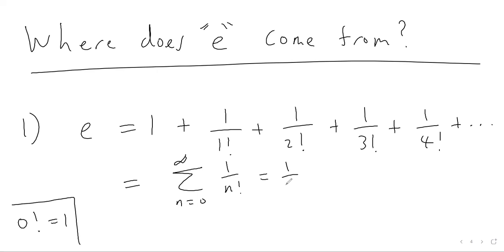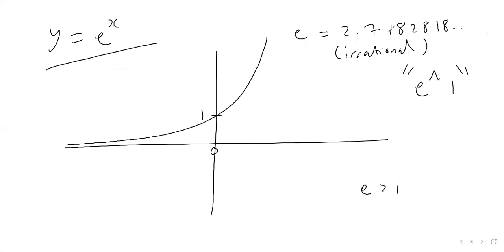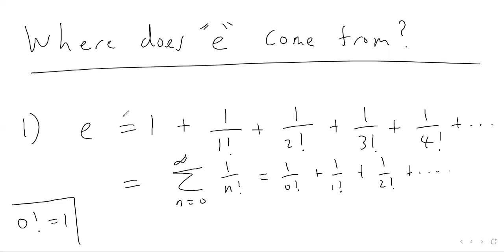So you get 1 over 0 factorial plus 1 over 1 factorial plus 1 over 2 factorial, and so on, just like this. That is how you can come up with this number e. If you did this sum, you would get 2.7182818 and so on. That's how you can give a definition for e.